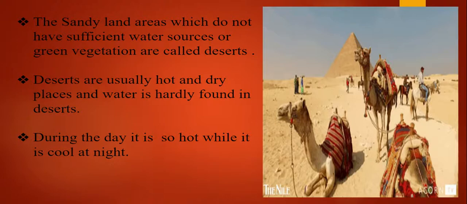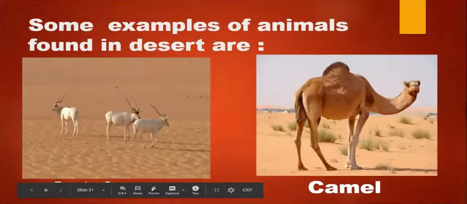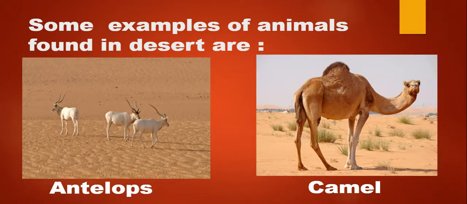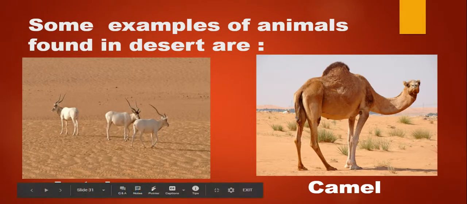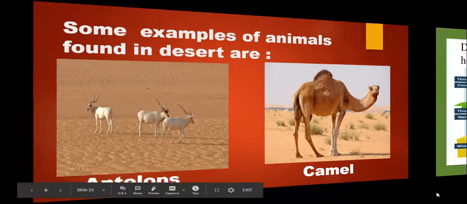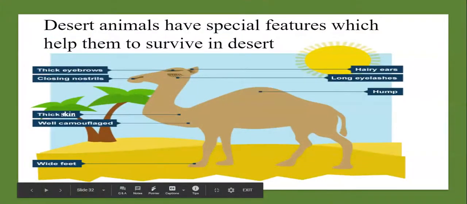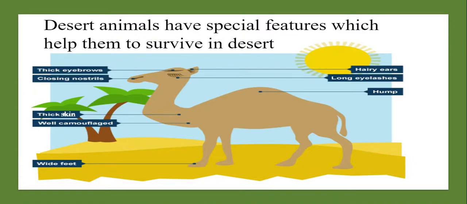Children, during the daytime it is so hot while it is cool at night. Some examples of the animals found in desert are antelopes, camels, snakes, etc.